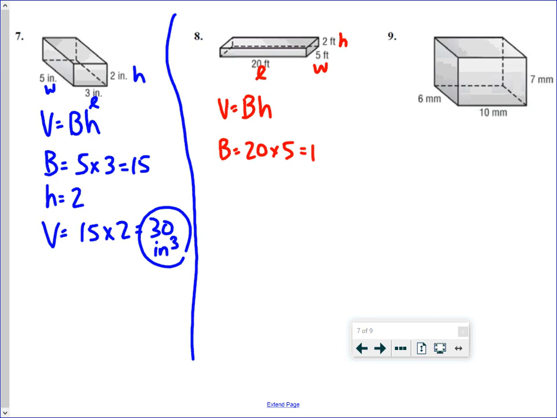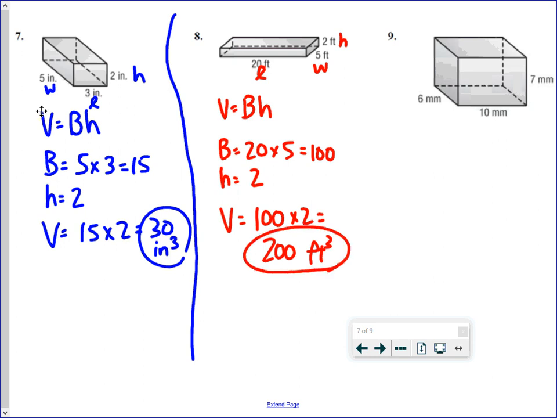So our base is 100 feet squared. Our height is 2. Fill in the formula, 100 times 2. And we get 200 feet cubed.